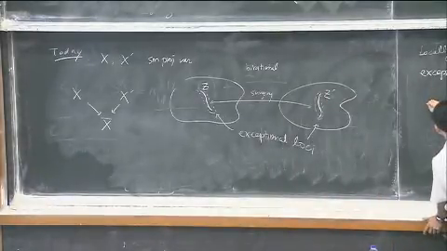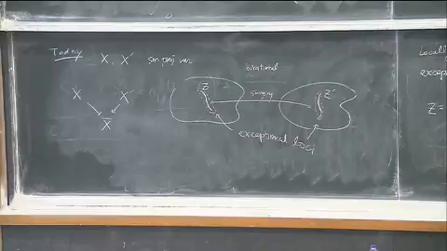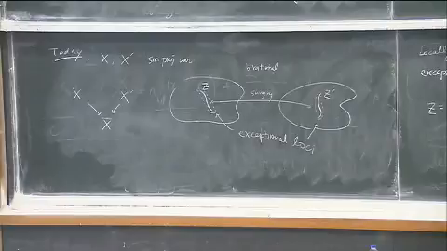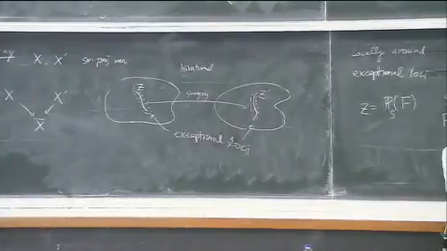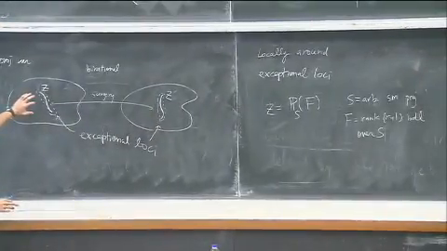So Z will look like a projective bundle over S, where S is an arbitrary, again, smooth projective manifold, and F is a rank R plus 1 bundle over S. So locally, my exceptional locus will be some kind of projective bundle.